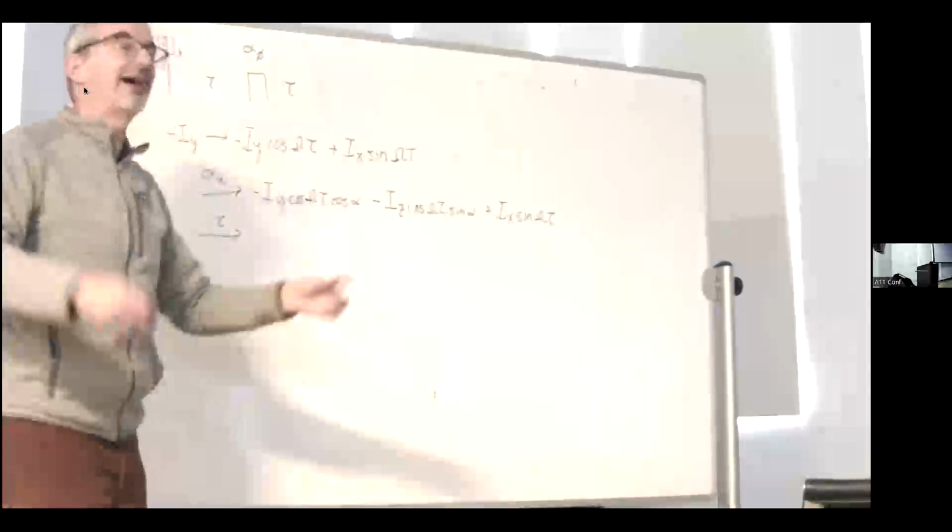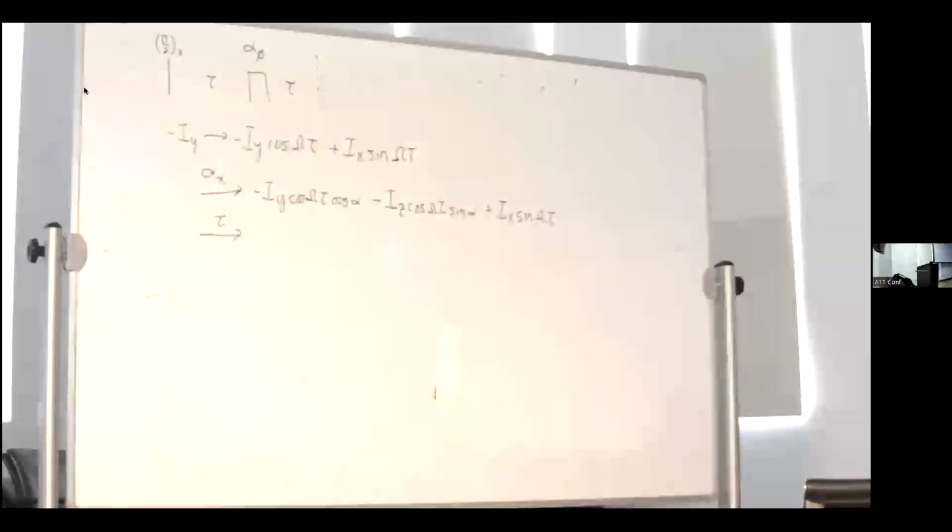Then we have to evolve under tau again, and we can collect up some terms, maybe do some trigonometry. And then you can do that over and over again. Of course, this gets to be pretty tedious after a while. So you could wonder the extent to which one can make the problem a little easier.